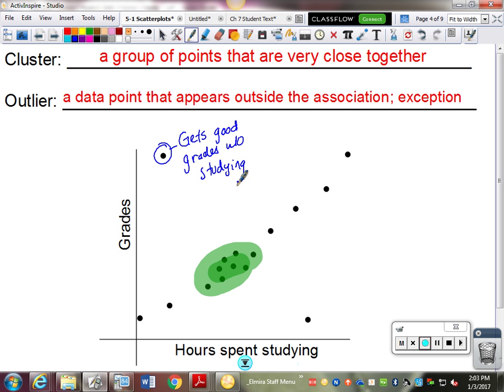And over here, we have an outlier, and this person would be the person that works hard but doesn't get good grades.